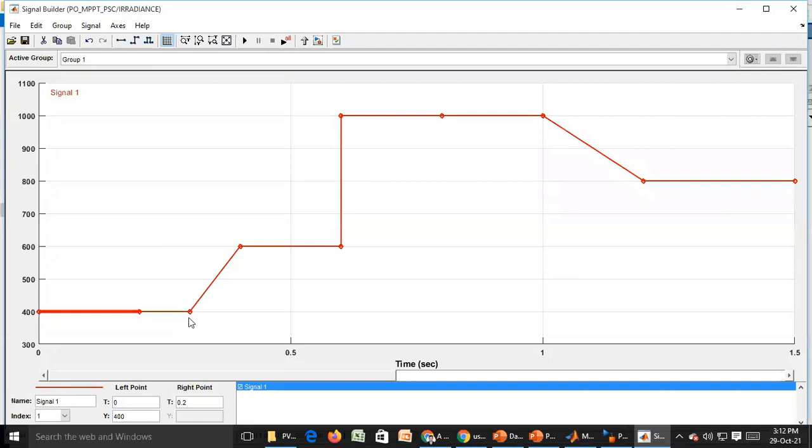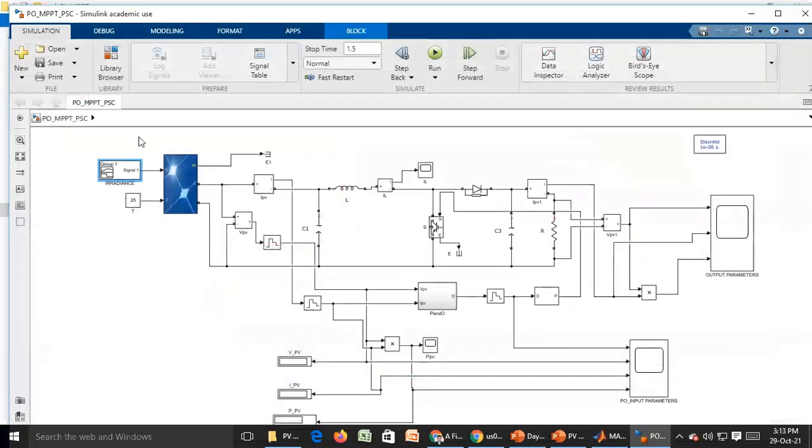Up to 0.3 it is 400, taken with a linear change from 0.3 to 0.4, at 0.3 it is 400, at 0.4 it is 600, then 0.4 to 0.6 it is 600, then it jumped to 1000. So from 0 second to 1.5 seconds, it is changing dynamically. The waveform is a partial shading condition, it is changing dynamically.